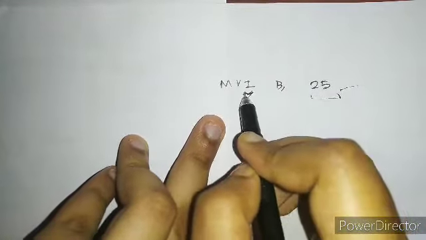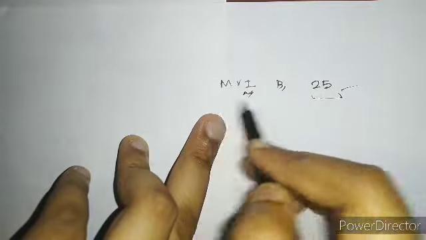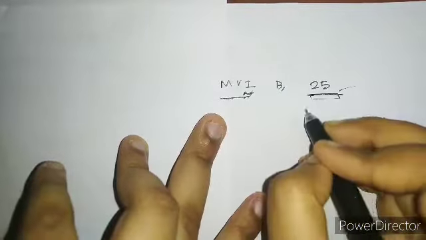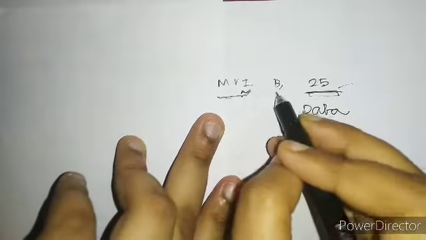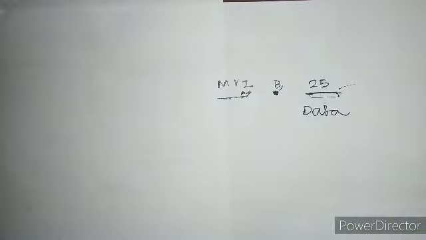If there is an I, get it in your head that this is immediate addressing mode, which means this number is data. So first number, second I. If there is an I, this is data. If there is no I, this is an address. Obviously only these two combinations are possible: either address or data.